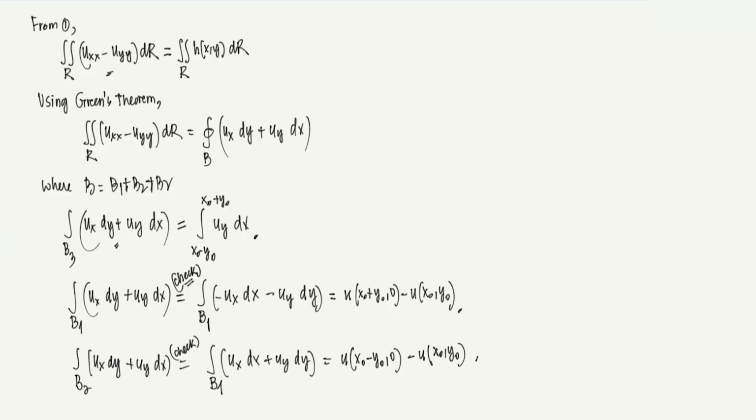So now you see this equation is there. This left-hand side is what we calculated. So essentially, the double integral over r h of xy dx dy is essentially that.